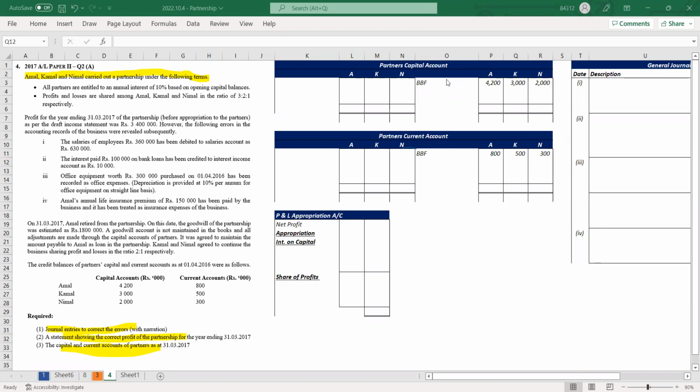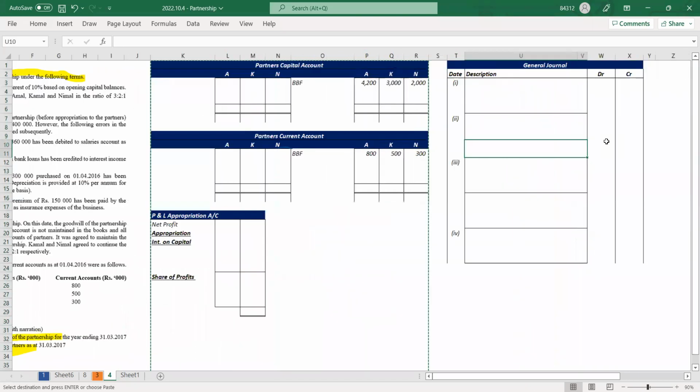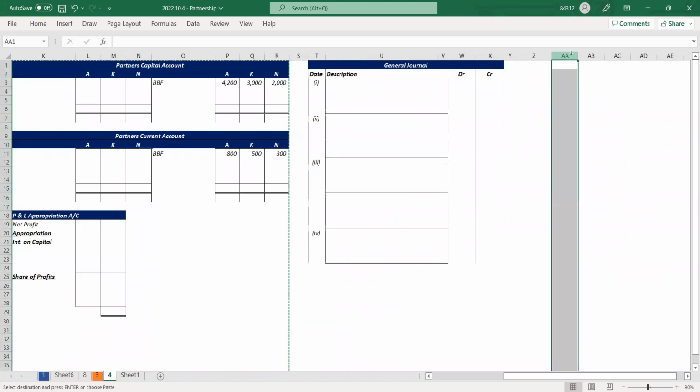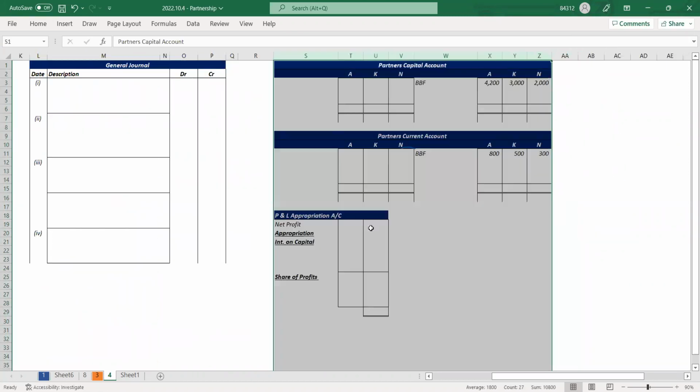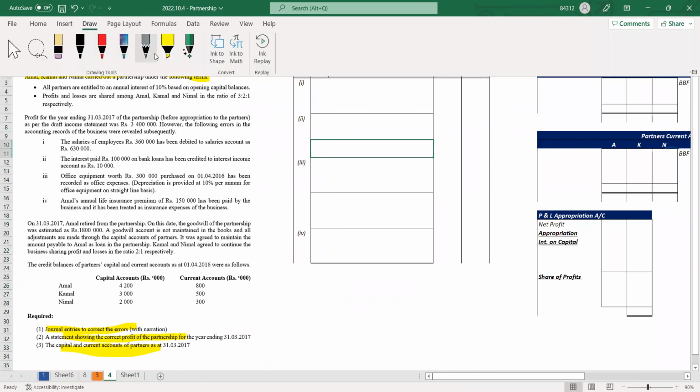Then first of all, we need to do the error corrections. Right? To do the error corrections, I'm going to use the general journal. And also, we need to find out the correct or adjusted profit.